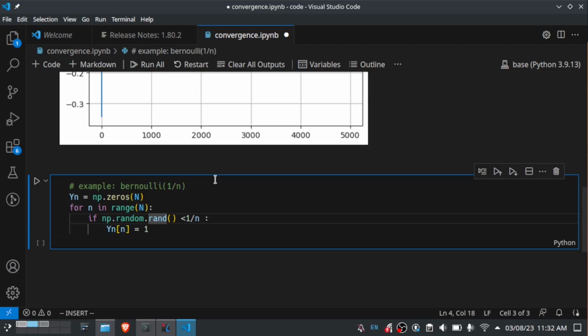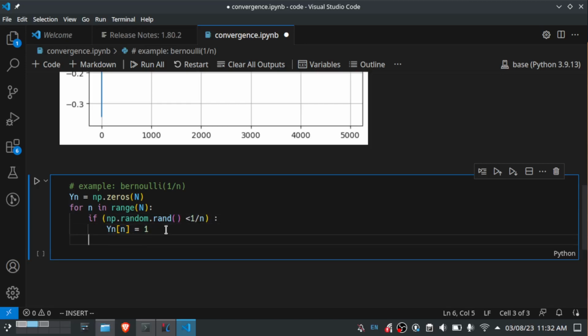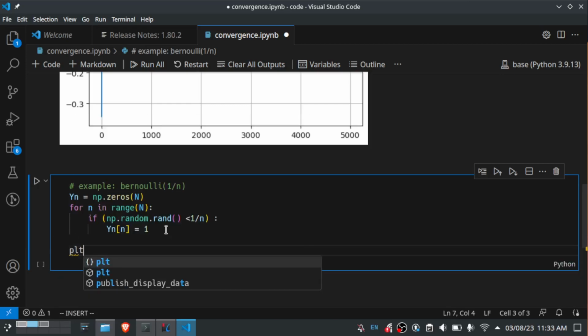For each n, I'll generate a random variable uniformly distributed between 0 and 1. What is the probability that that random variable will be less than 1 by n? 1 by n. So with probability 1 by n, I change the 0 to a 1. And let me do the same.